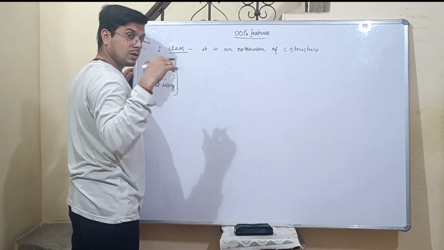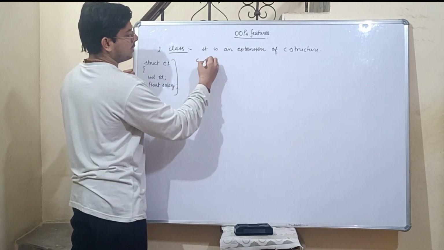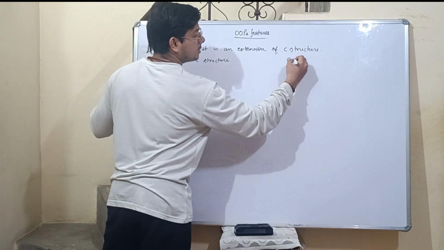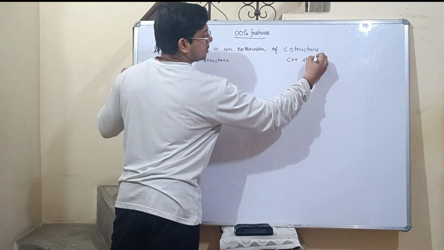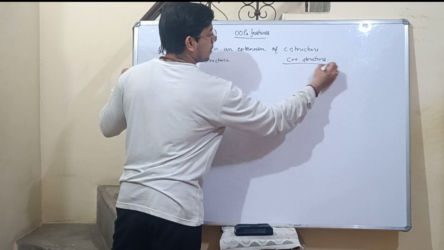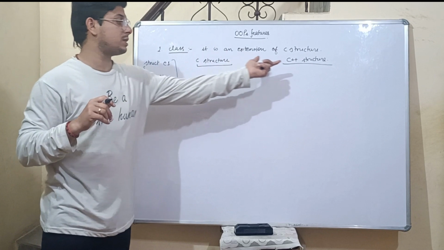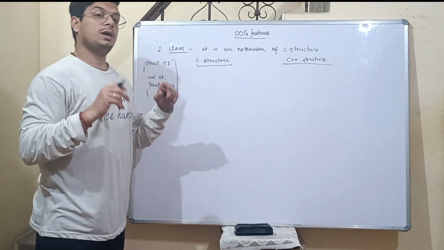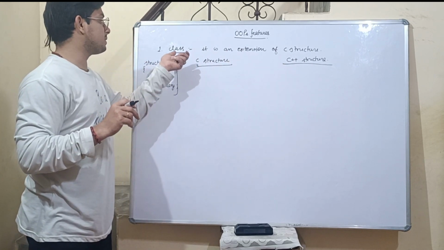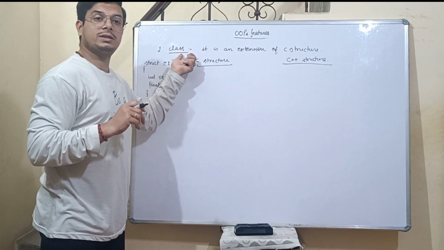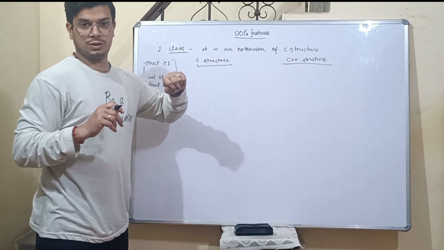So let's compare first between C structure and C++ structure. We should understand what is the difference between C structure and C++ structure. After then only we will be understanding what is class and how it is the extension of C structure.